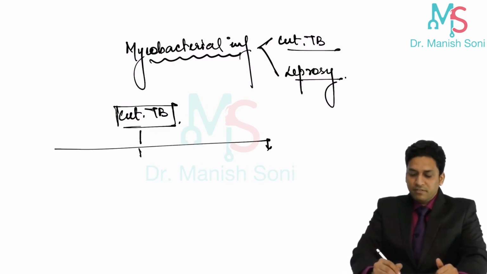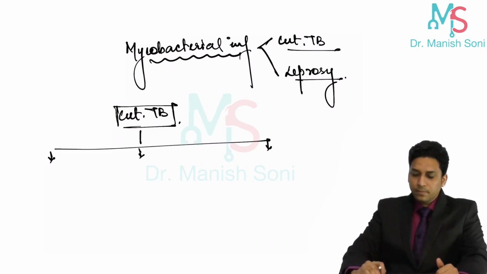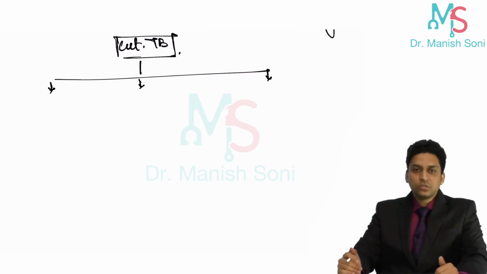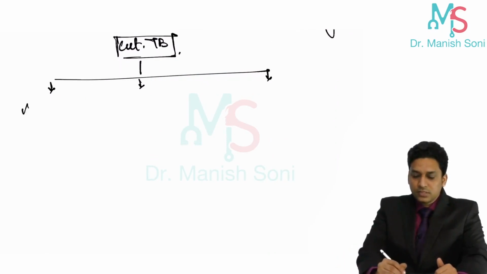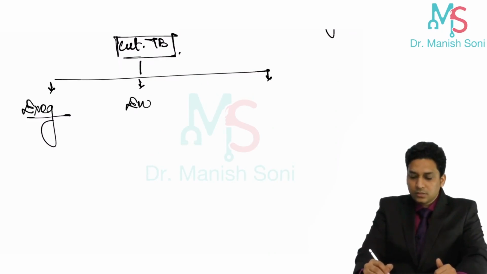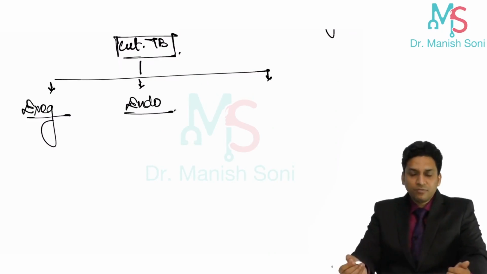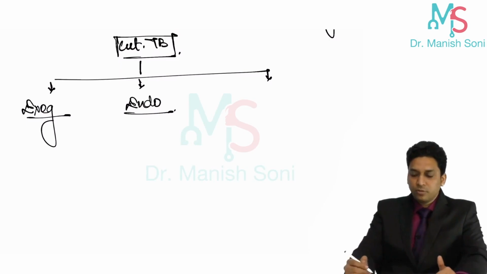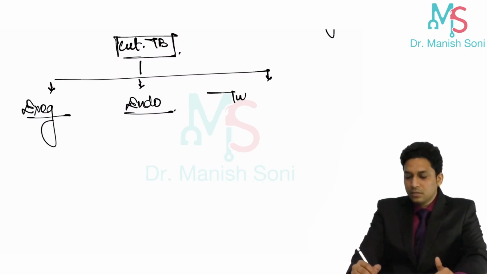Cutaneous tuberculosis can be divided into three types depending on the source of infection, like if the source is exogenous or endogenous. So, it can be exogenous type of cutaneous tuberculosis, endogenous type, or it can be tuberculids.